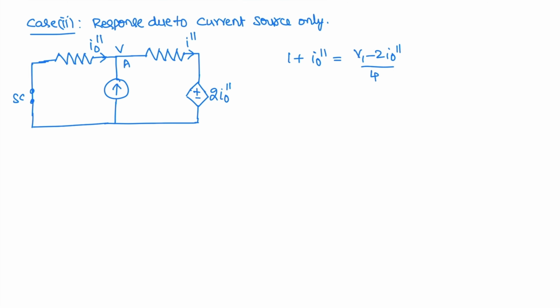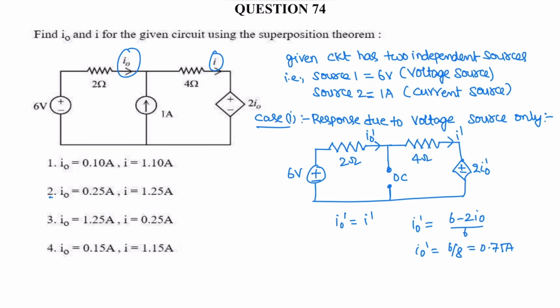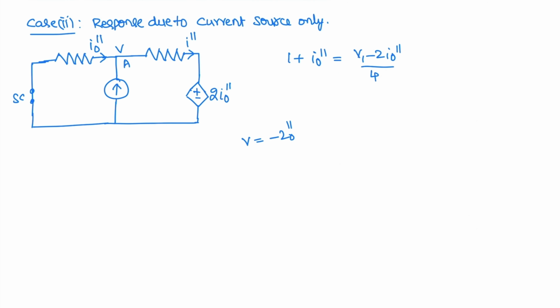We know that voltage V is minus 2 I naught double dash, where the resistance here is 4 ohms and this resistance is 2 ohms. So from this, I naught double dash is minus 1 by 2, that is minus 0.5 ampere.